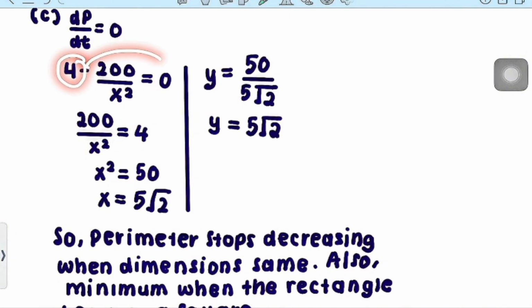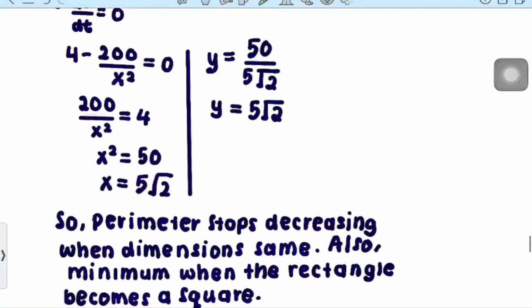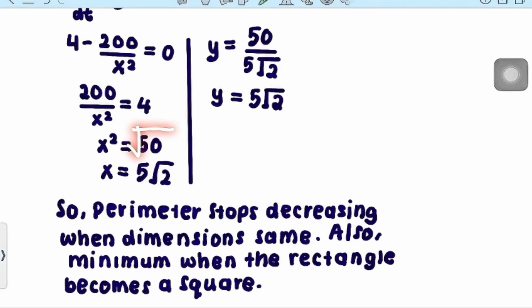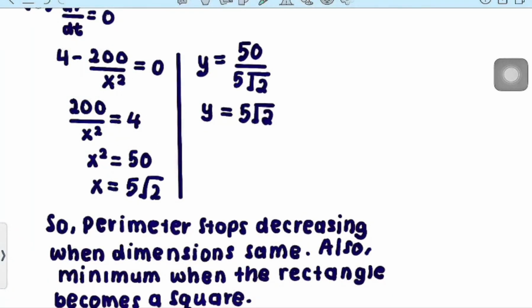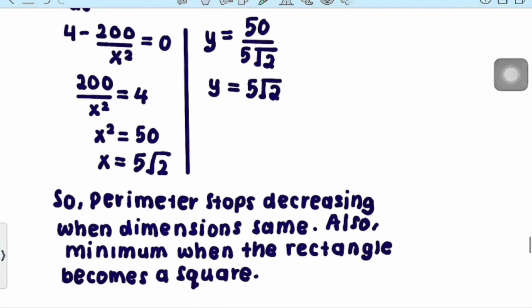We move this into here and we get this, and just square this side and we get 5 squared times 2. After we get the x value, we need to know the y value also, because we need to know when the perimeter stops changing.